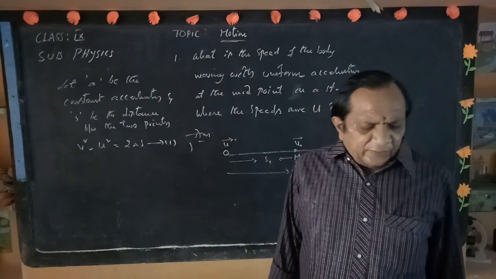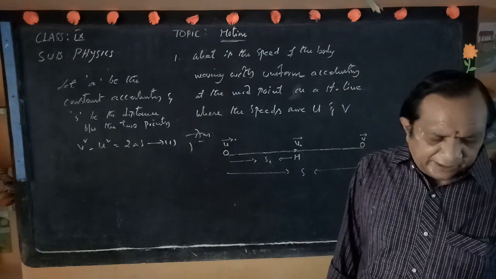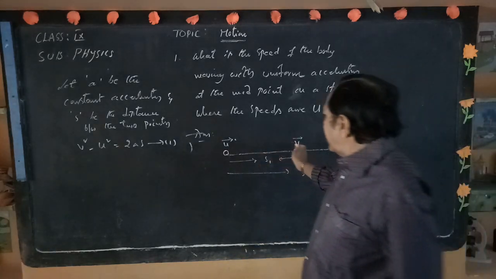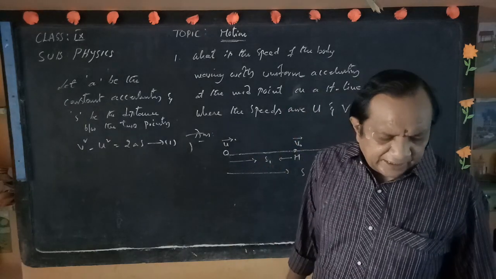Now let V0 be the velocity at the midpoint. So the distance will be exactly half. That means S1 is equal to S by 2.